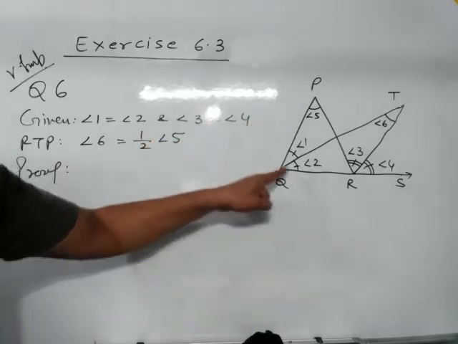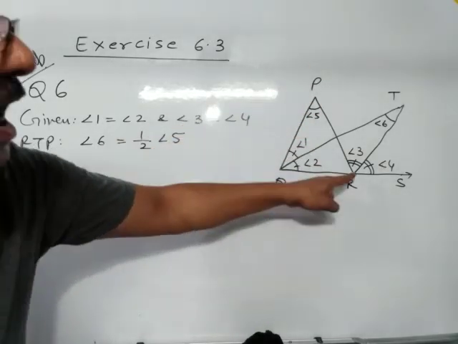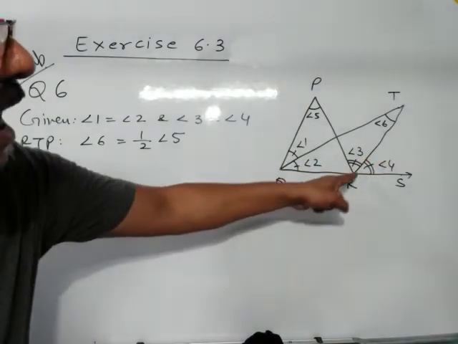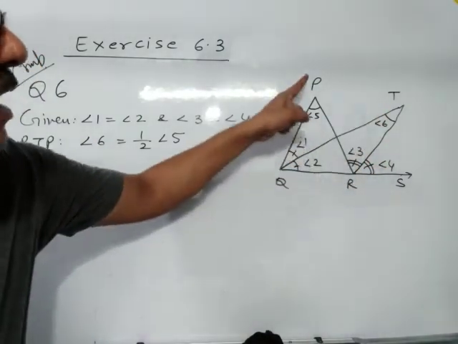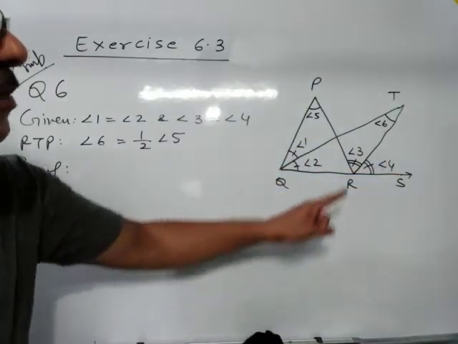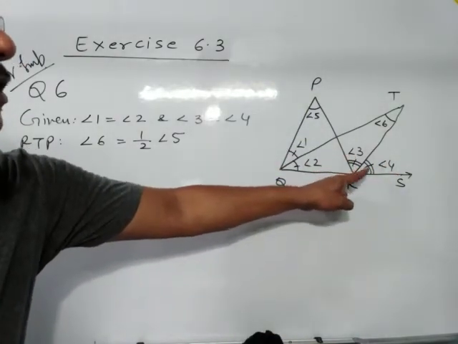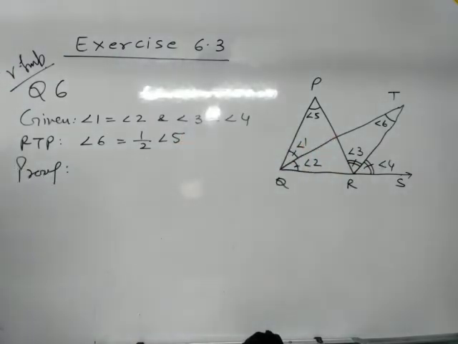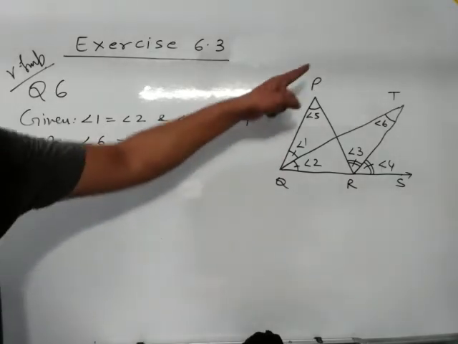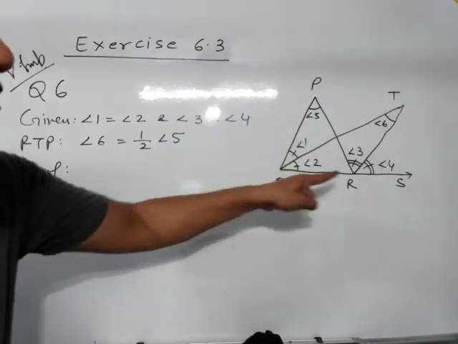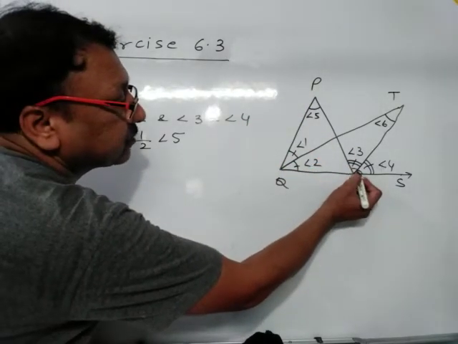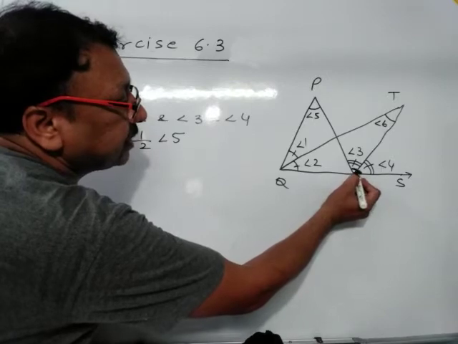For this triangle PQR, angle PRS is an exterior angle, and RT is the angle bisector of angle PRS. It means angle 3 and angle 4, which I have mentioned in the figure, are equal. If you look at the diagram, for triangle PQR, angle 3 plus 4 is an exterior angle.